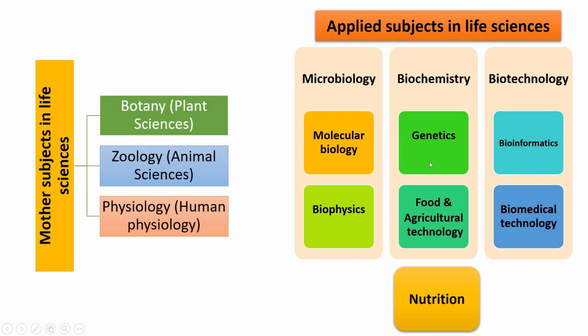Agricultural technology, for example, is not very compatible with microbiology. This is also applicable for the other applied sciences. So if you choose microbiology in your undergraduate, or biochemistry or biotechnology or any of these subjects, it will be better to go for the masters in the same subject.